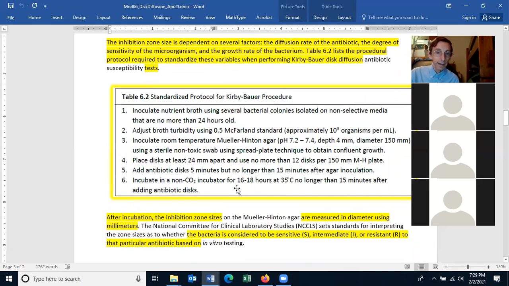And then you incubate it in a standard non-CO2 incubator for 16 to 18 hours at 35 degrees. And you incubate the plates no longer than 15 minutes after adding the antibiotic disc. Okay, so we standardize all those variables so that your Kirby-Bauer test will be similar to somebody else's Kirby-Bauer test. Okay, any question about that?